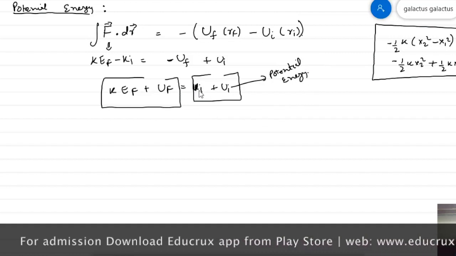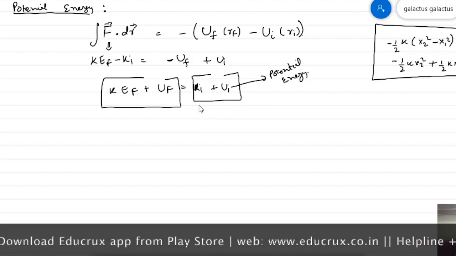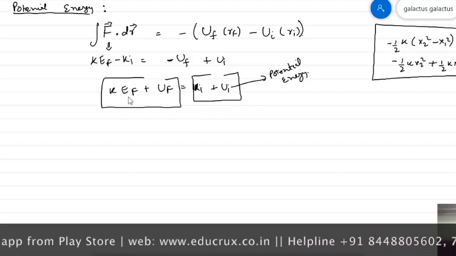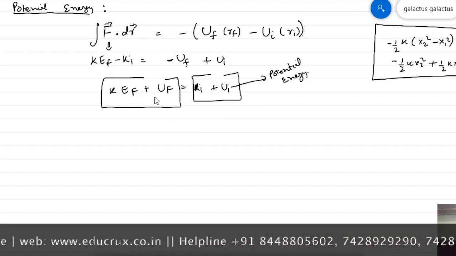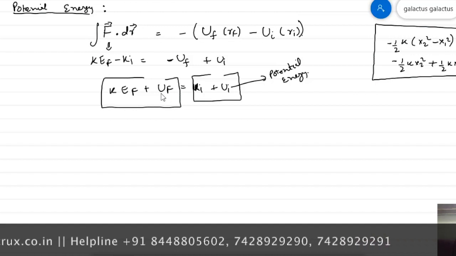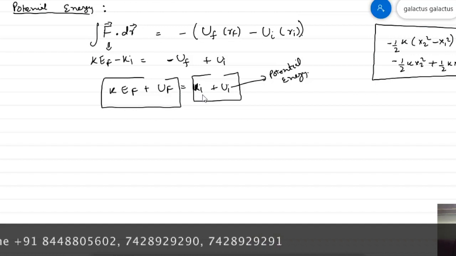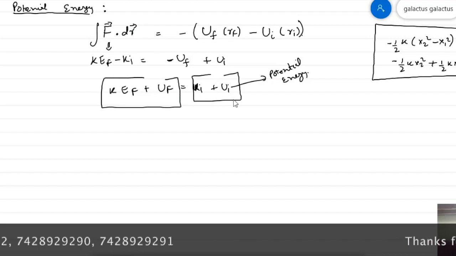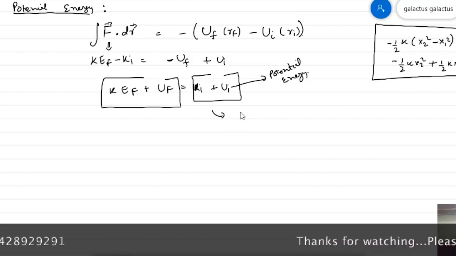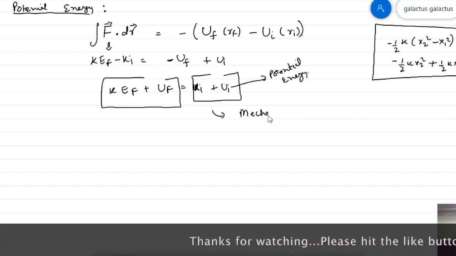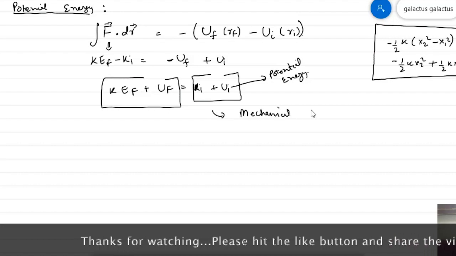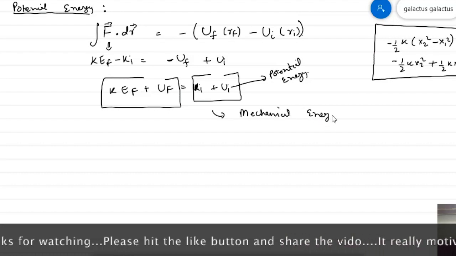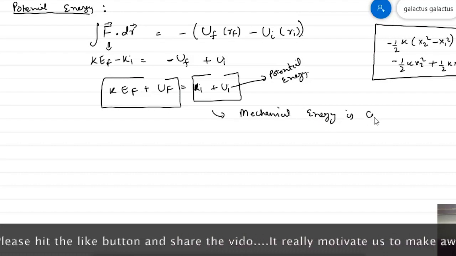In case of conservative force, the sum of kinetic energy final plus potential energy final is equal to kinetic energy initial plus potential energy initial. So my mechanical energy is conserved.